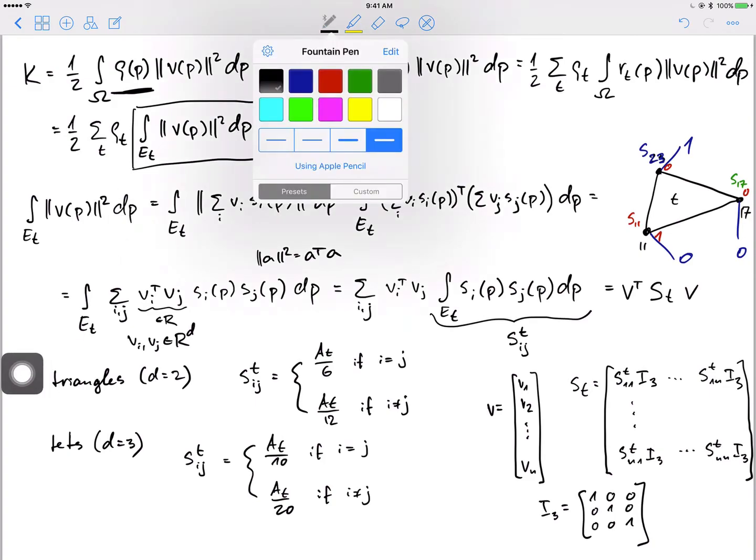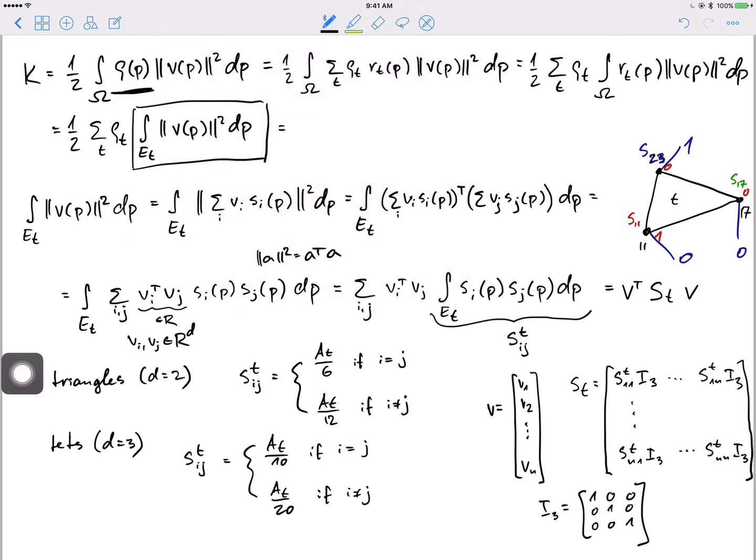So maybe let me now continue over here. This is one half of the sum over t, rho_t. And here I can just plug in the V^T S_T V thing. By the way, that evaluates to a scalar, so this is just one scalar times another scalar, if I do it like this to be super clear.